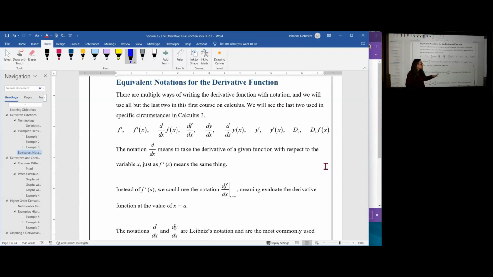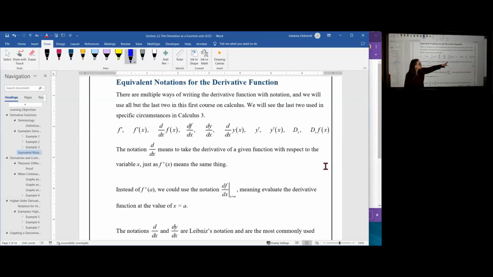The last two, the d with the x written below and to the right in a subscript notation, and the d with the x below and to the right of f of x. These two notations we pretty much only use in calculus 3 when we're talking about the directional derivative and some of the higher order derivatives with respect to one variable only.